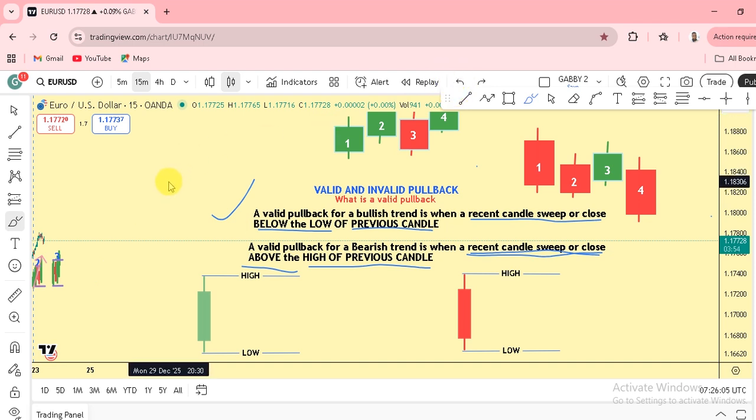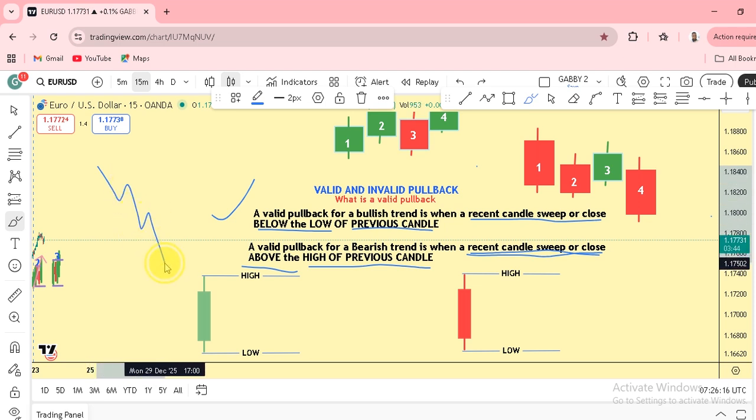Also, a bearish trend is characterized by a lower low, lower high, lower low, lower high, lower low, lower high. All these little reversals or setbacks in the trend are what we refer to as a pullback.